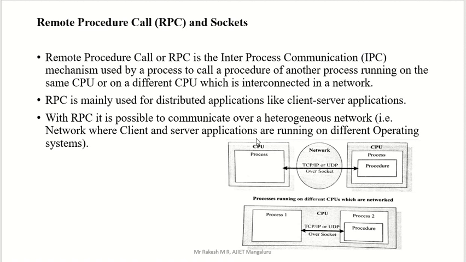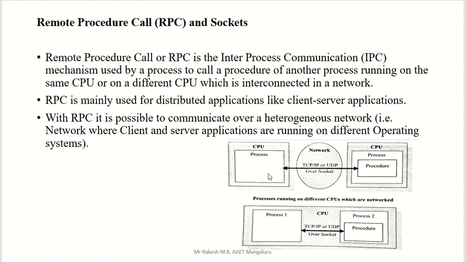One side we have the client, one side we have the server. With RPC, it is possible to communicate over a heterogeneous network, meaning a network where client and server applications are running on different operating systems. Homogeneous means a network where client and server applications are running on the same operating system. Heterogeneous means running on different operating systems.